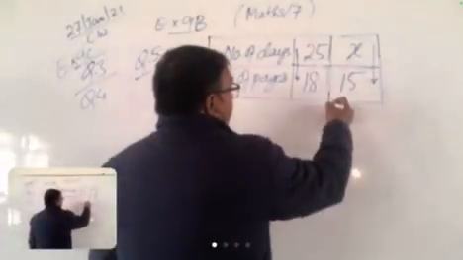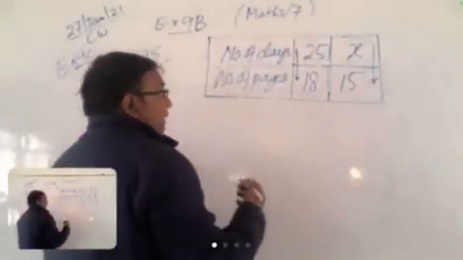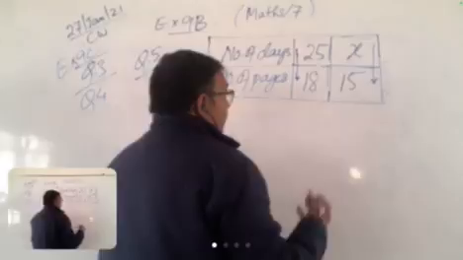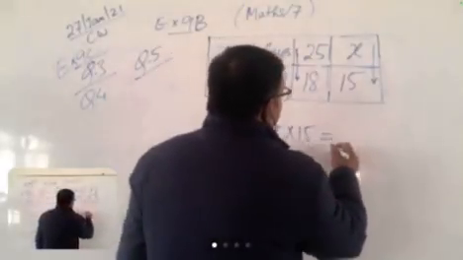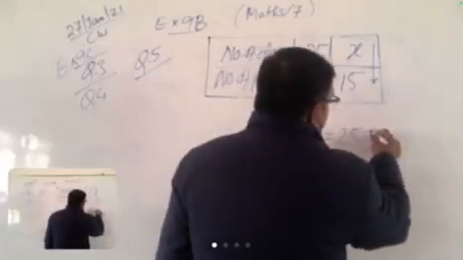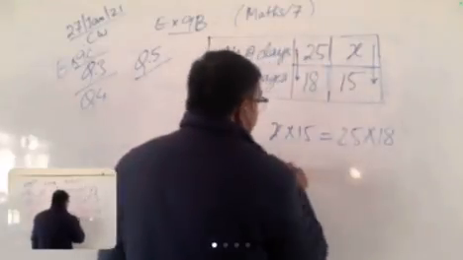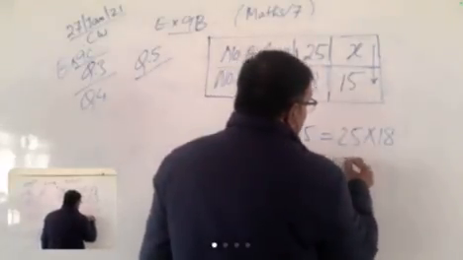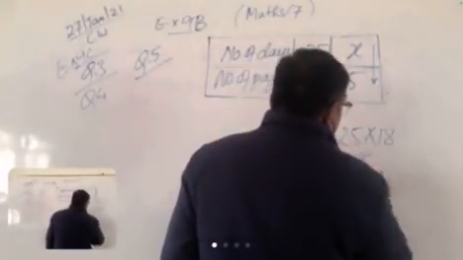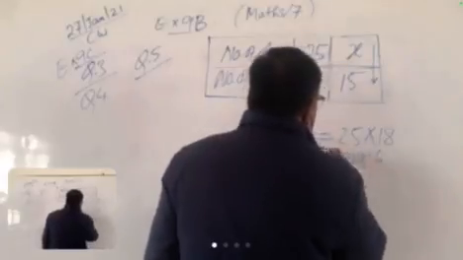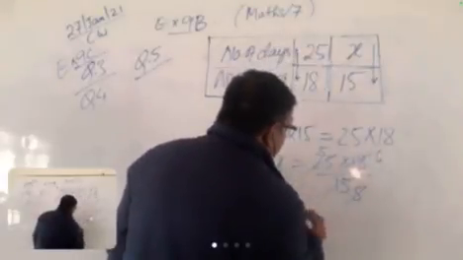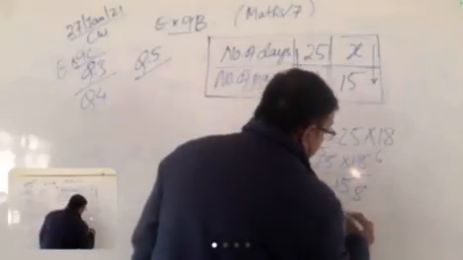It shows that this is an inverse variation, ulta, opposite. So x multiplied by 15 is equal to 25 multiplied by 18. Now x is equal to 25 multiplied by 18 upon 15. So it is 3 6s, 3 5s, 5 5s 25. So x is equal to 6 5s 30 days.